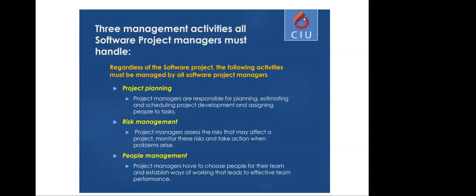The next factor is risk management. The risk manager assesses the risks that may affect the project. Monitoring these risks is essential because if you do not monitor them, they may become big problems which might affect the overall process.